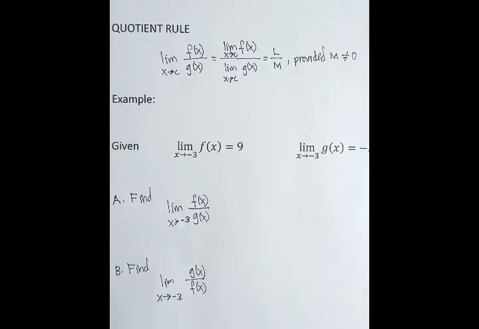For the quotient rule, again, it is simply the quotient of their limits.